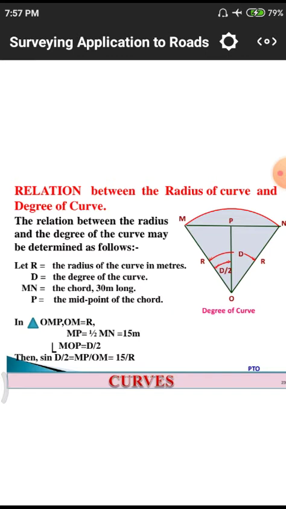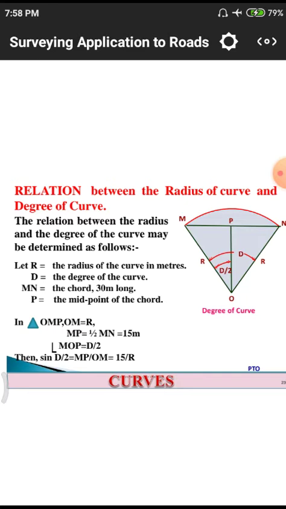Then D is the degree of the curve, and MN is a chord. Normally a chord is a part of a circle, and we also take it in meters. In the problem itself, they give the chord length as 30 meters. P is the midpoint that divides the chord into two equal parts.